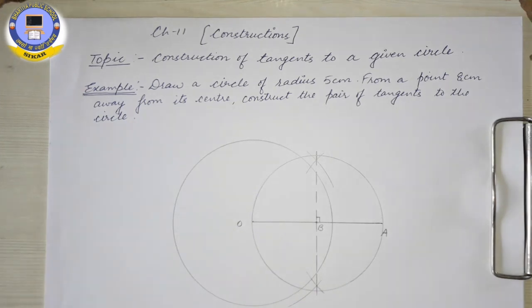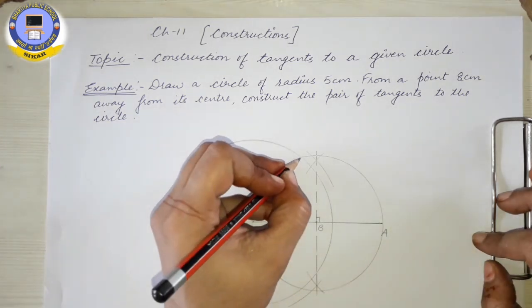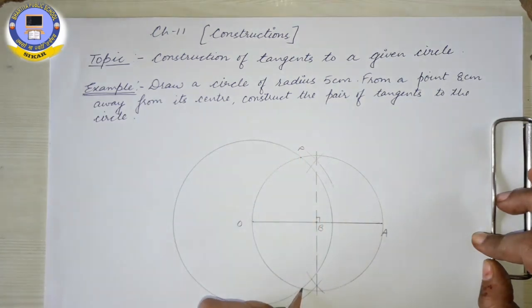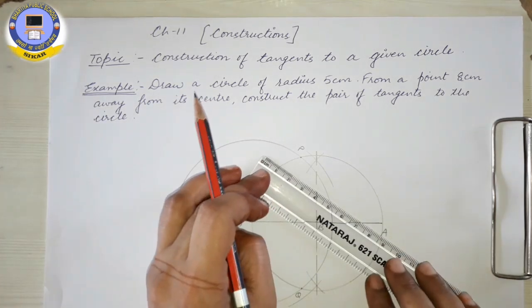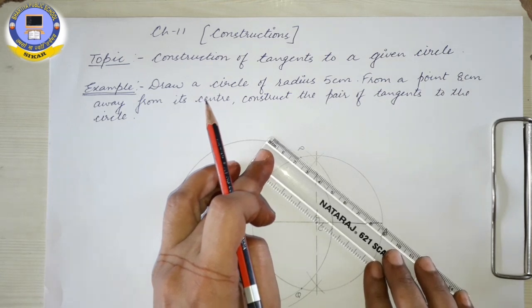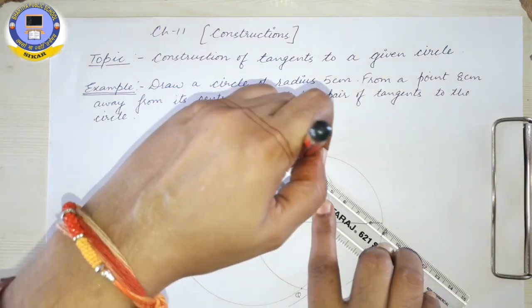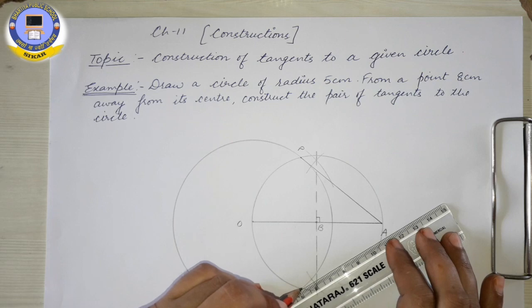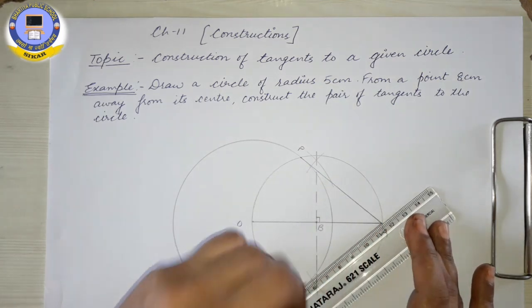Now this new circle has cut our given circle at two points. Label these points as, suppose, P and Q. Now join AP and AQ to get the required tangents.